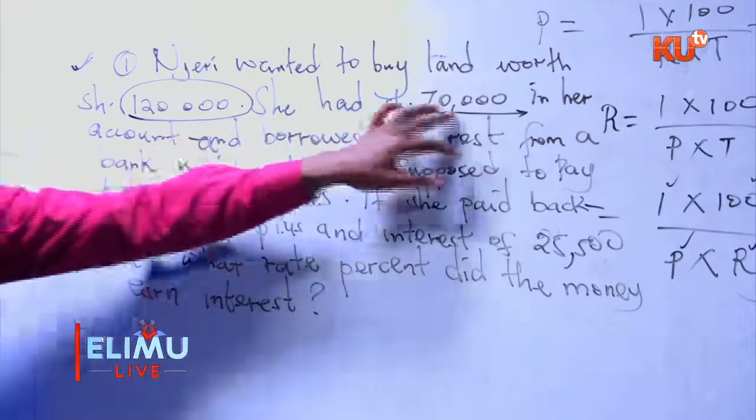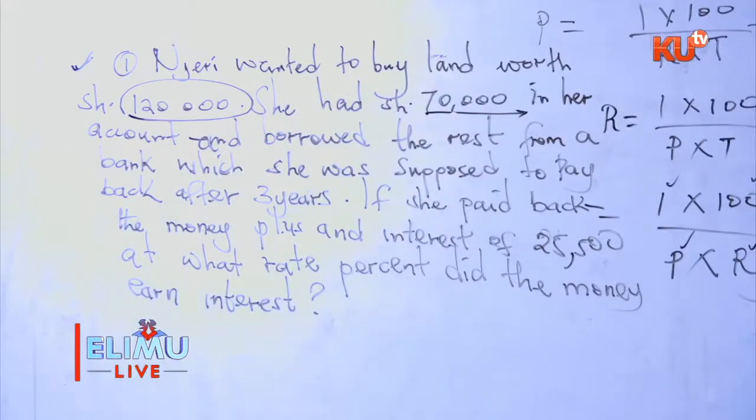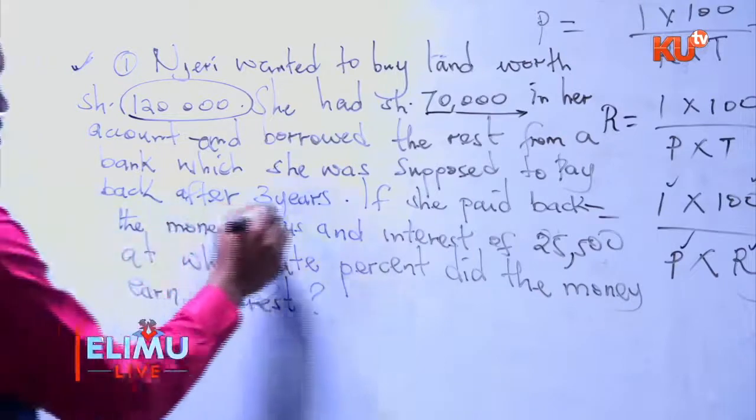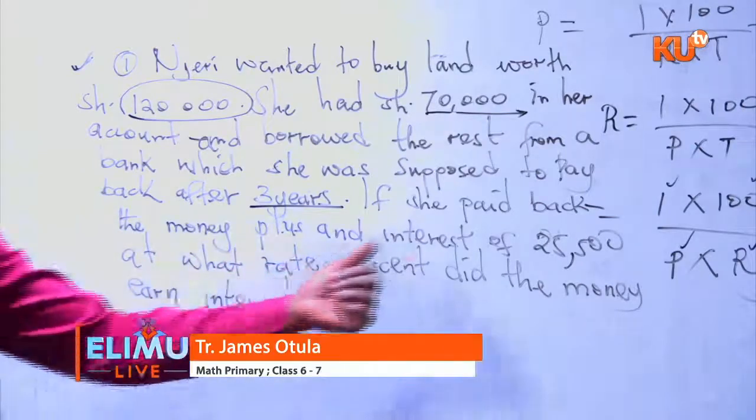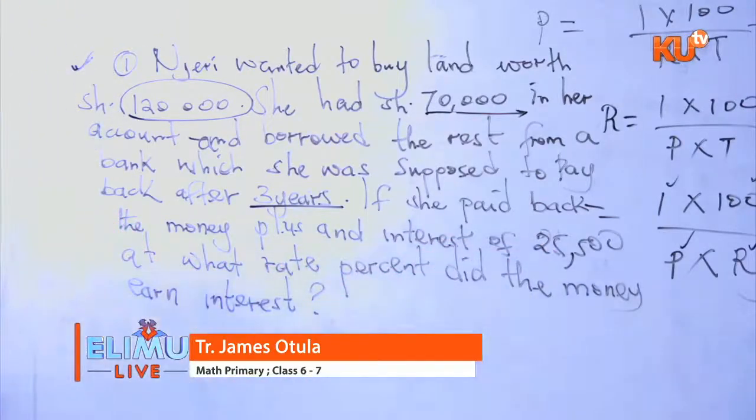She has 70,000 in her account and borrowed the rest from a bank which she was supposed to pay back after 3 years. If she paid back the money plus an interest of 25,500, at what rate percent did the money earn interest?